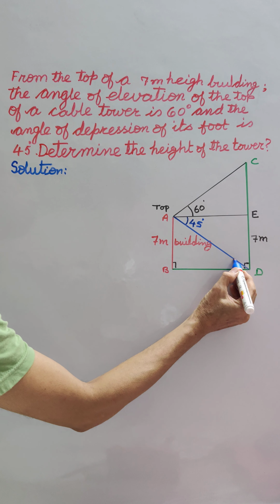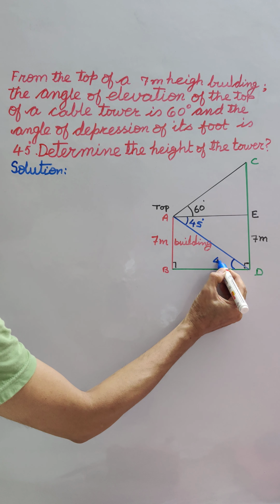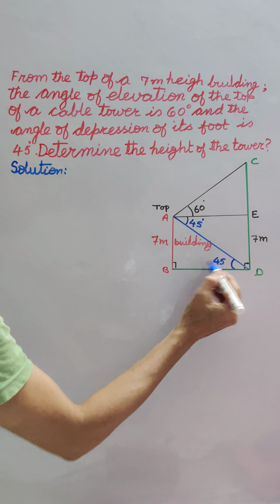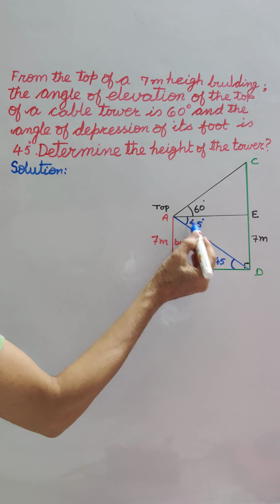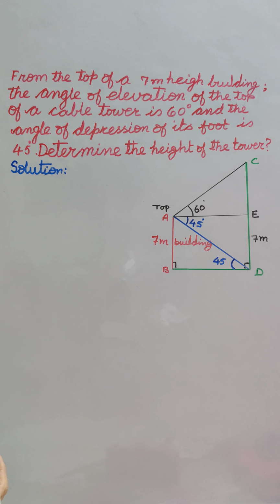This angle will be 45 degrees since BD is parallel to AE, and these are interior alternate angles, so they are equal. This way we have completed our figure. Now we shall see the solution.